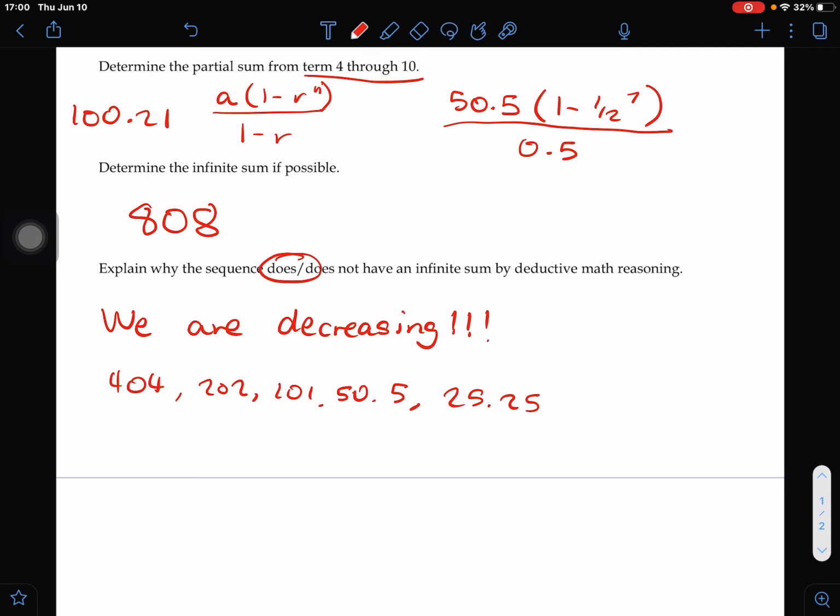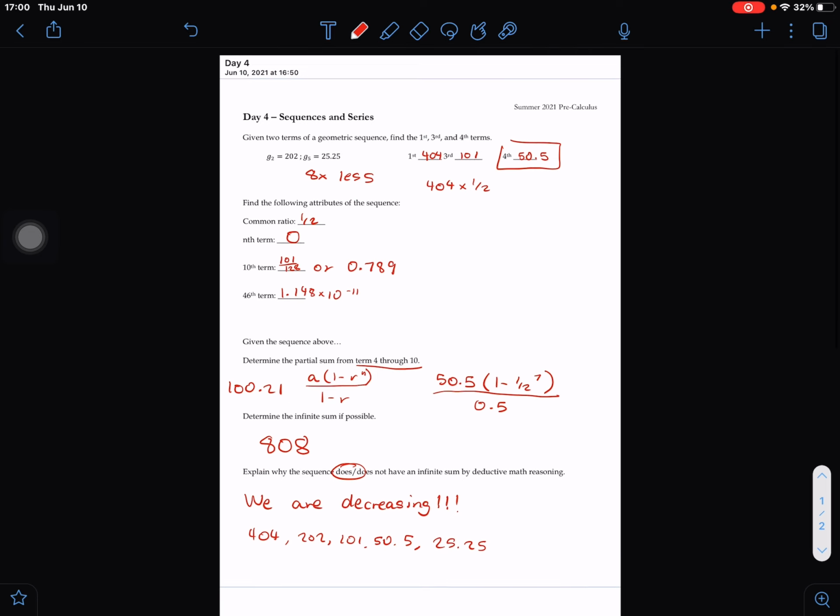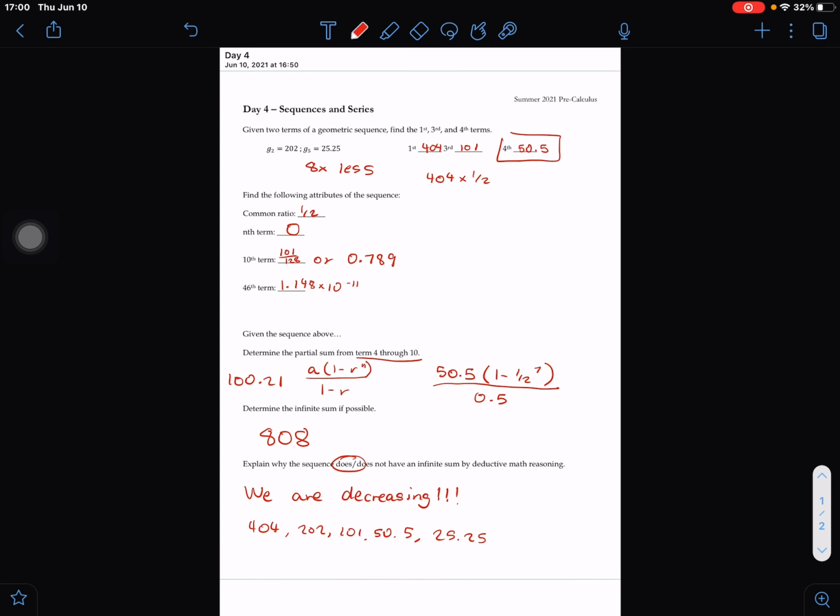It's not going to go to infinity, because it gets closer and closer to 0. So we know that the sum has to stop somewhere, and it stops at 808. So yeah, that's all for day 4 question of the day.